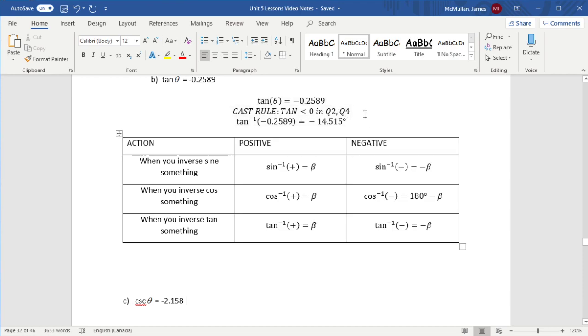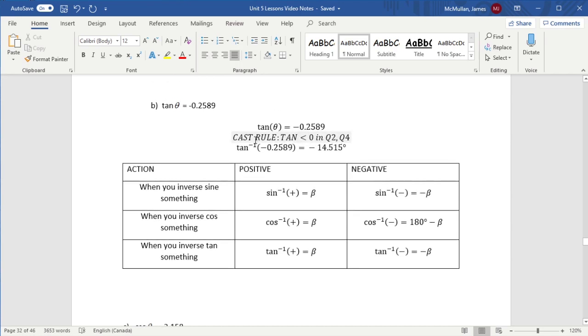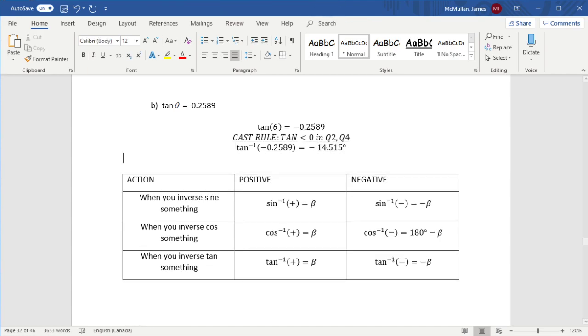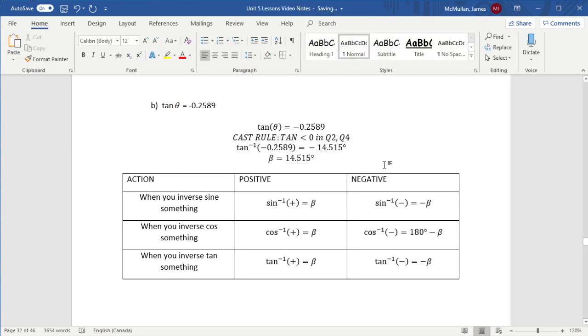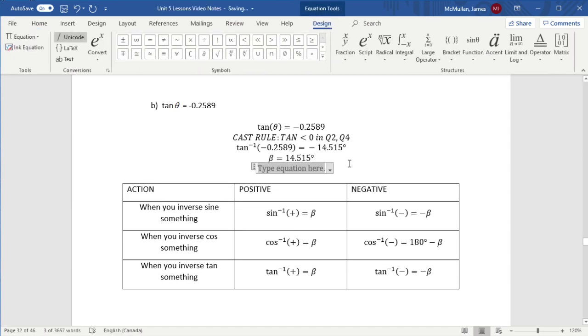Okay, so look at my question again. I inverse tanned something. It gave me negative 14.515. I come to the conclusion that beta is 14.515. Beta is the positive version of that number. Now, I know that there are two answers for tan.